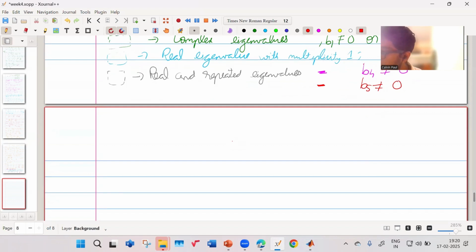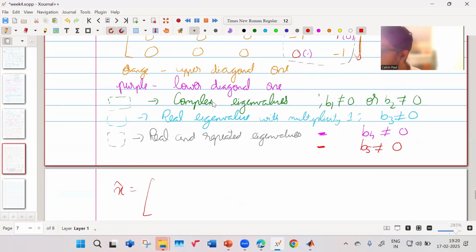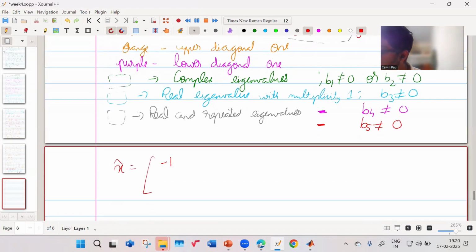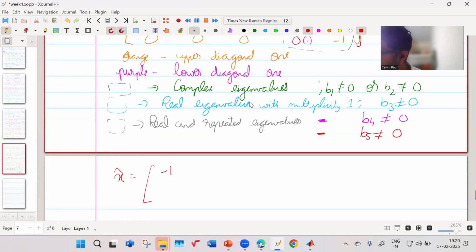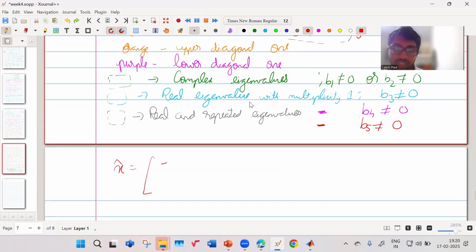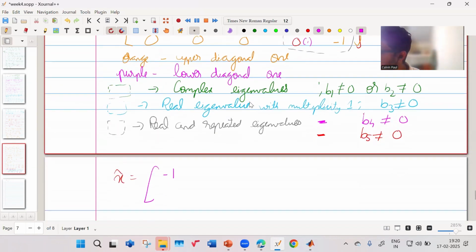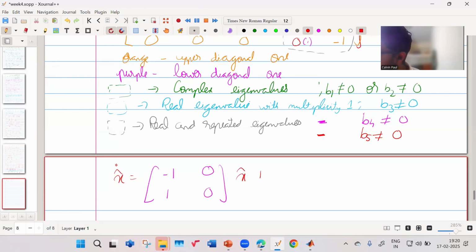Let us say x hat dot is given by -1, 0, 1, -1 into x hat plus b4, b5 into u. Sorry, this has to be 1.